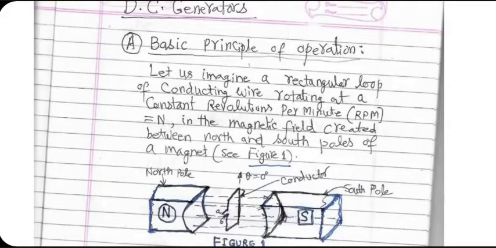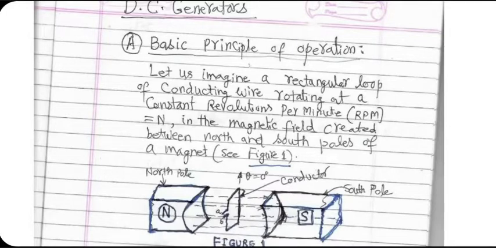The most basic form of a DC generator involves one magnet with one north pole and one south pole, and in the flux that is generated between north and south poles, we put, let's say, only one loop of conducting wire. And for the sake of simplicity, I am showing this loop to be rectangular.